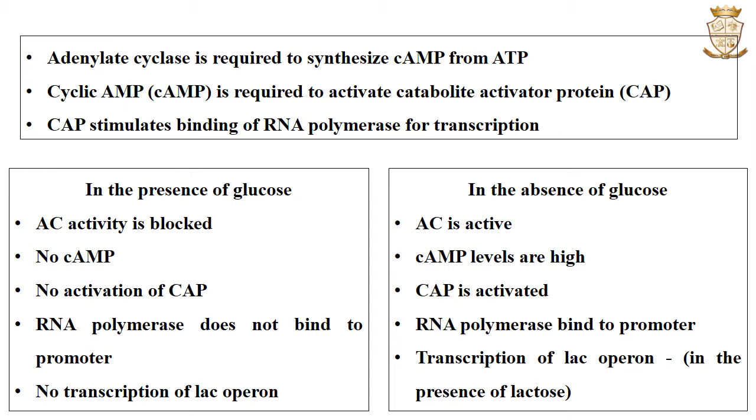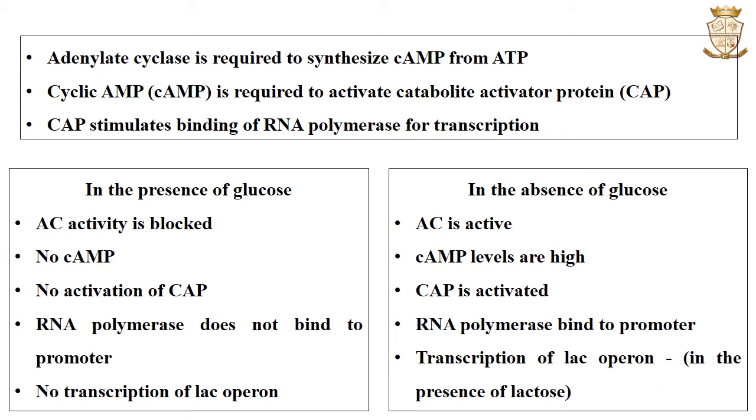Since the adenylate cyclase enzyme activity is required for the synthesis of cyclic AMP from ATP, the cyclic AMP is not synthesized in the presence of glucose. So in the presence of glucose, no cyclic AMP synthesis is there.